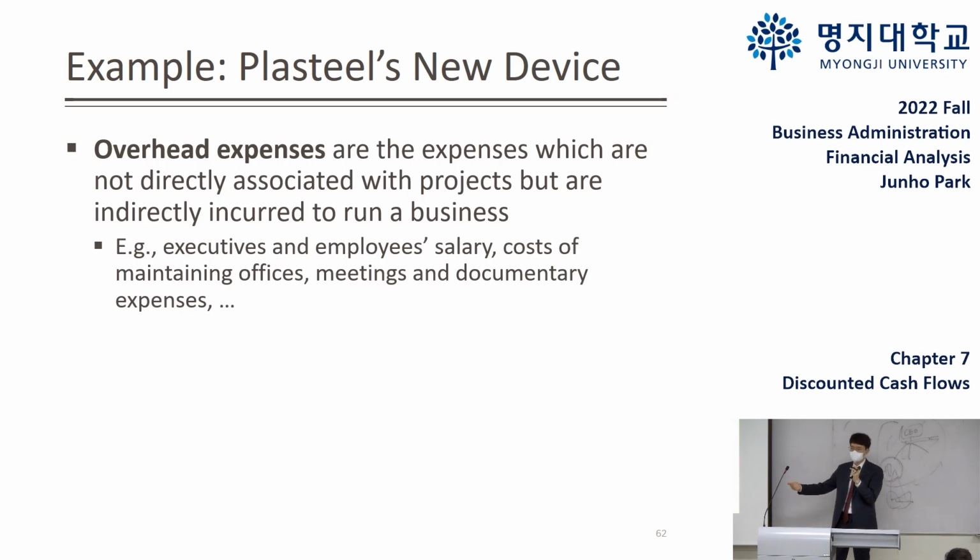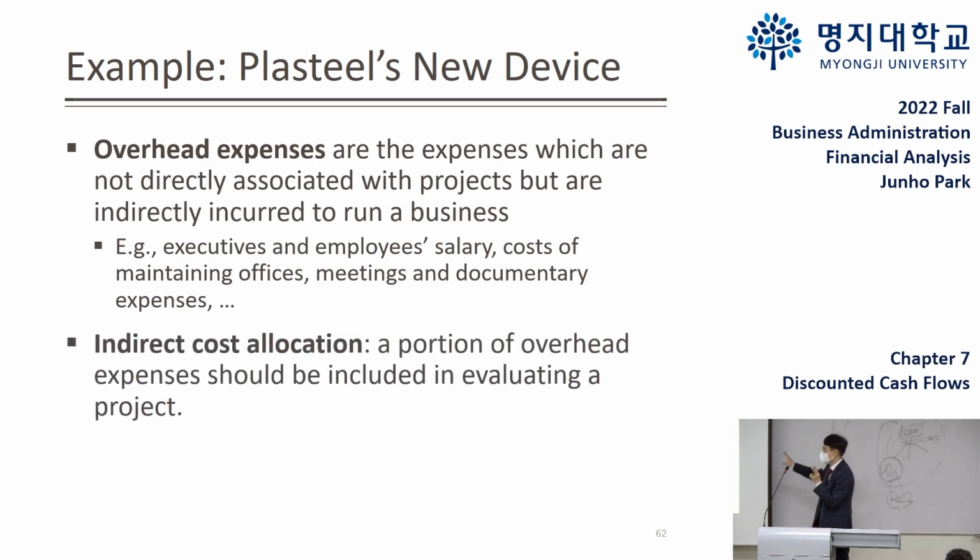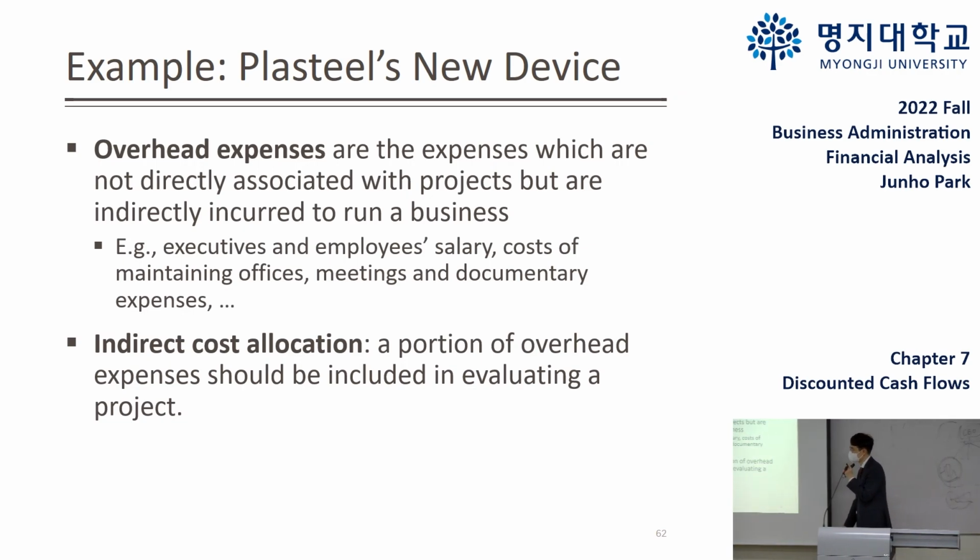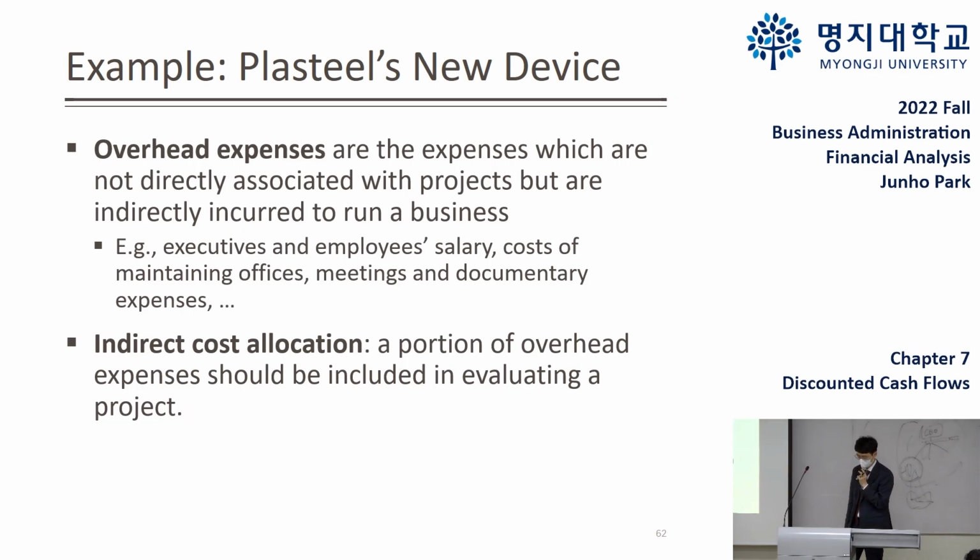How much should we consider as our indirect expenses? According to this Plasteel company, this company has a rule that for each project we apply 14% of distribution. So we have to consider those costs in the calculation. And this kind of procedure is called indirect cost allocation.